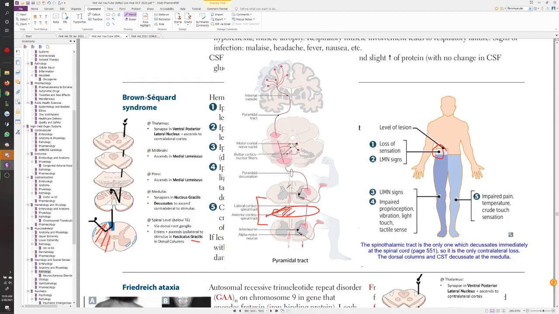Now, unfortunately, the image that I'm using, this is from Amboss, is showing things that are coming from the left side of the patient. So if I was to quickly redraw how it would look for the right side, it would basically be a mirror image. So you would just be grabbing something from this leg, coming into here, and then going up like this, and then eventually having a decussation somewhere here, coming all the way up, and then going to the brain. That's generally what you would see.